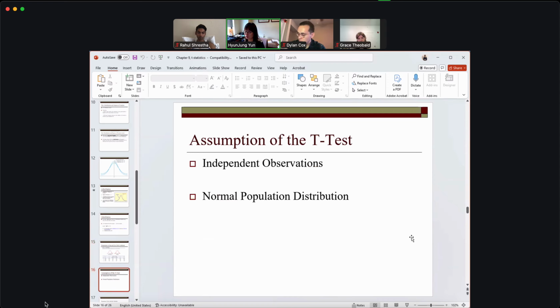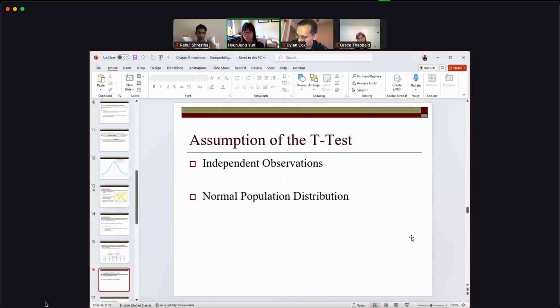So the T table, since we started with limited information, no population standard deviation and a small sample size, the only assumptions we sort of guarantee for the t-test are that our 7 cases, or 20 cases, are at least not related.